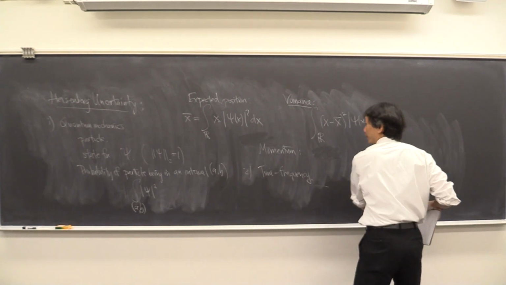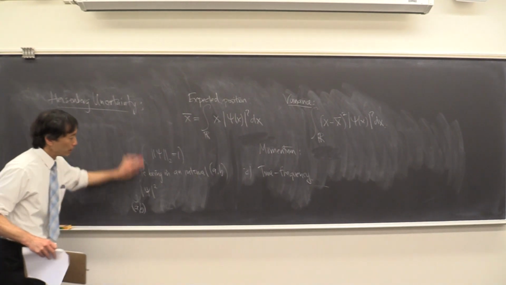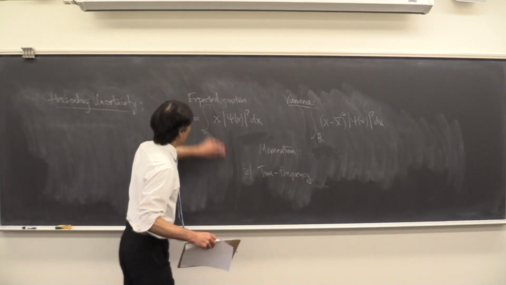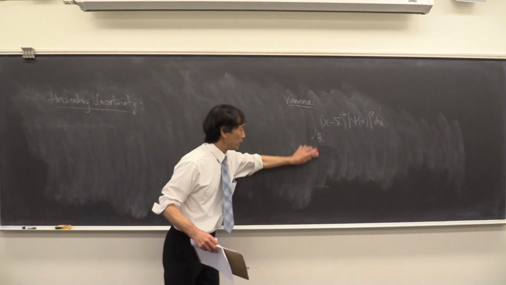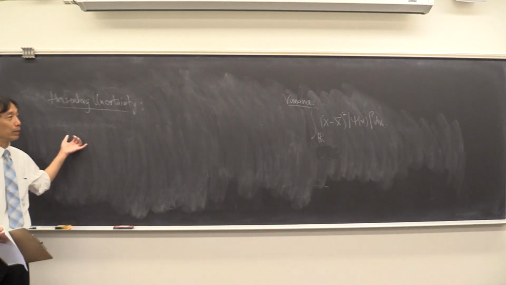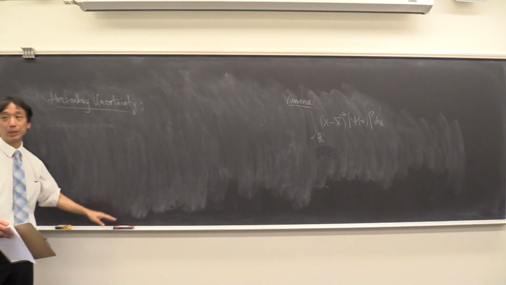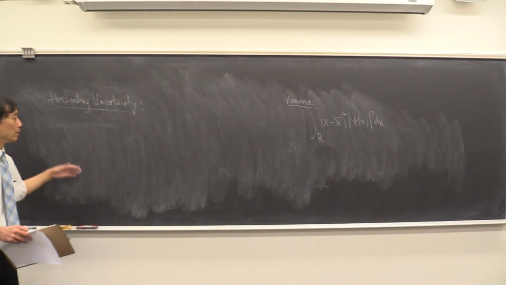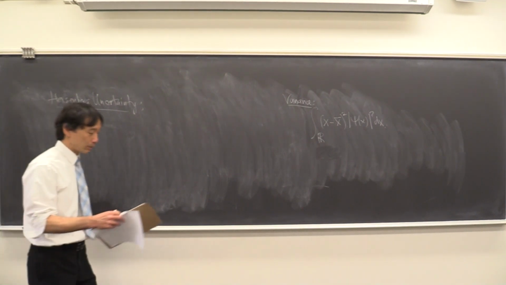And so what Heisenberg uncertainty says is that you can't localize both position and momentum simultaneously, or in the other sense, you can't localize the function in time and frequency simultaneously. If it's localized in time, then you're not localized in frequency.